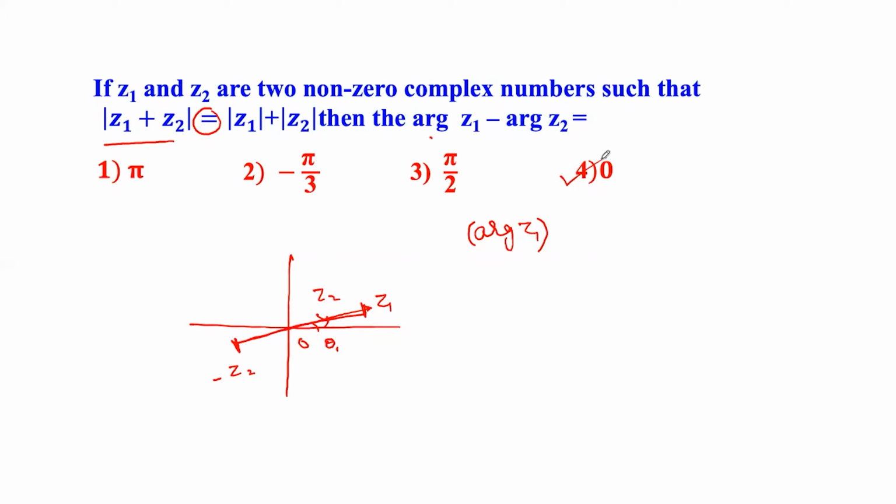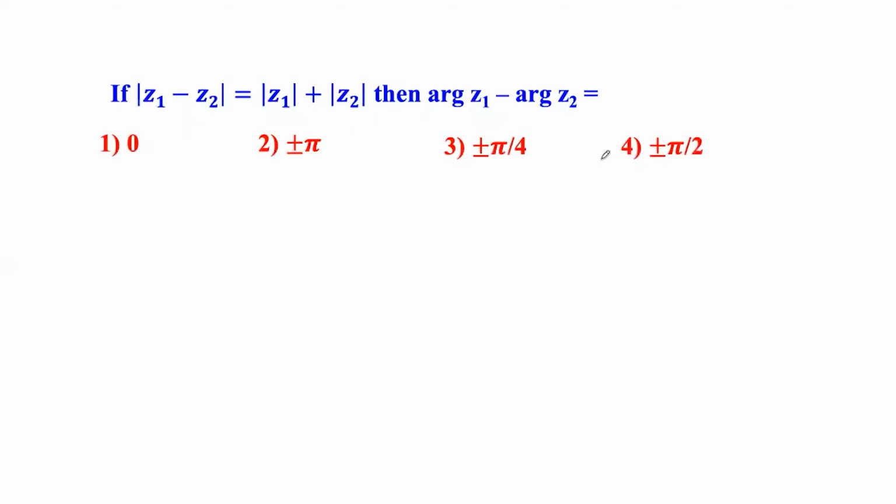And if I change the question to the form where mod of Z1 minus Z2 is equal to mod Z1 plus mod Z2, then 100% now you know that if this is Z1, we need Z2 with a minus sign, so Z2 will be there. So this is Z1 minus Z2.